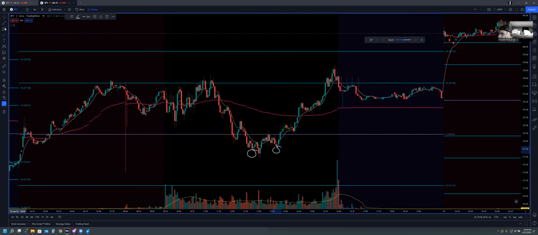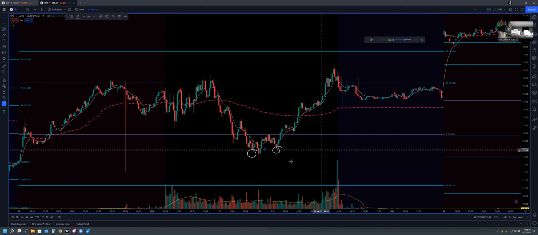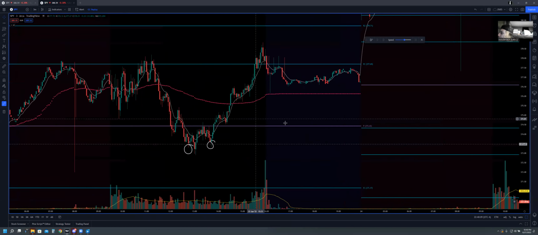Making a double bottom, there's some sort of support there. We take a line, and price is holding this 373.5 level. So I would have known that if we break back above this center pivot, I'm going to start looking for maybe a long entry.